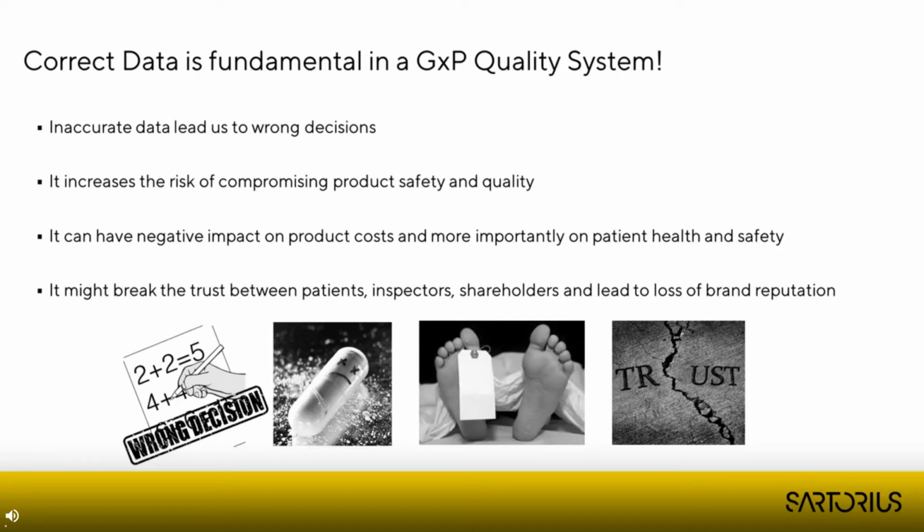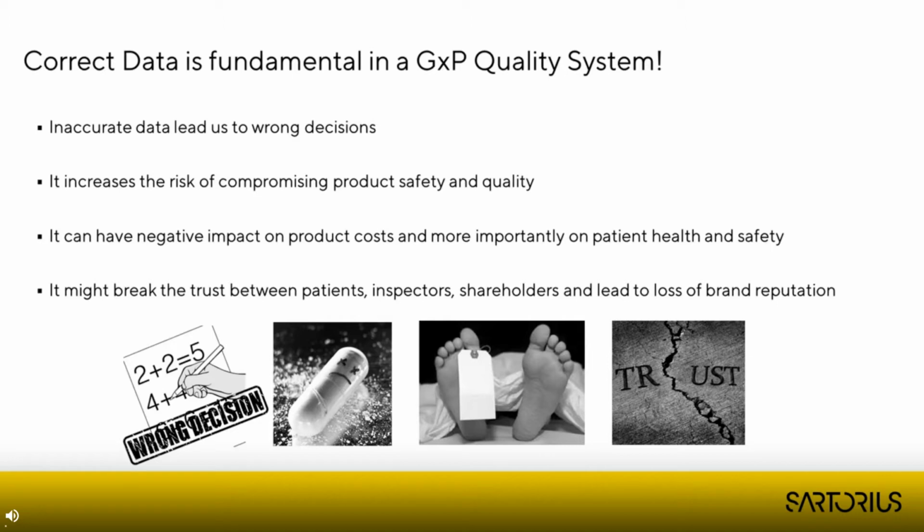So why is data integrity so important? All of our decisions, like a batch release, are based on information and results from our daily laboratory work. And if we have incorrect data or incorrect information, this leads us to wrong decisions. And if we make wrong decisions, that increases the risk of compromising our product safety and quality.